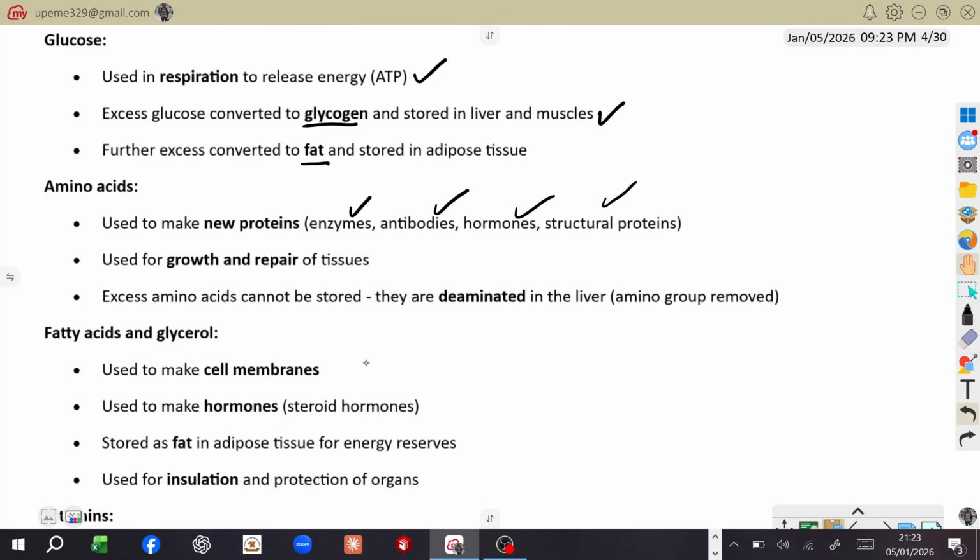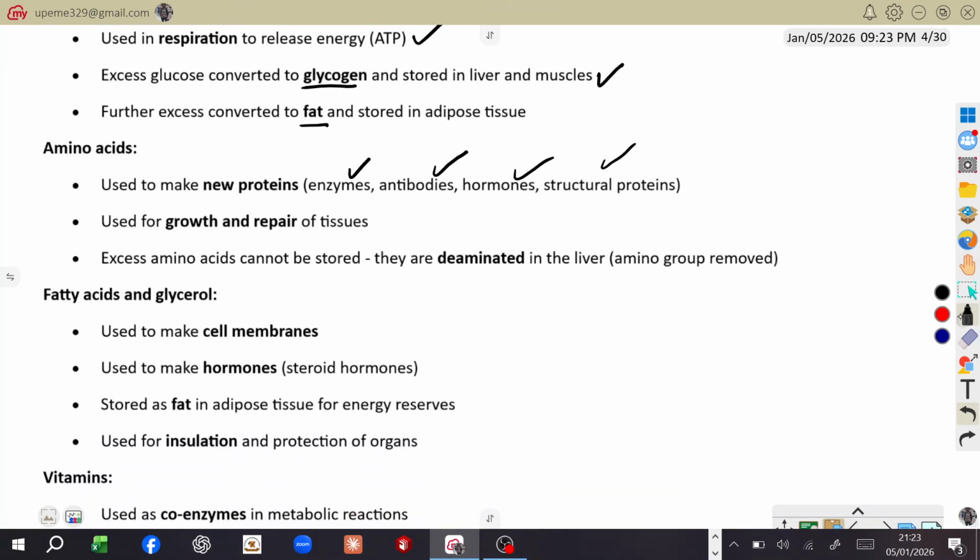All right, so another use of proteins, apart from making new proteins, is for growth and repair of tissues. Like when cells die in our bodies, new ones have to be made.